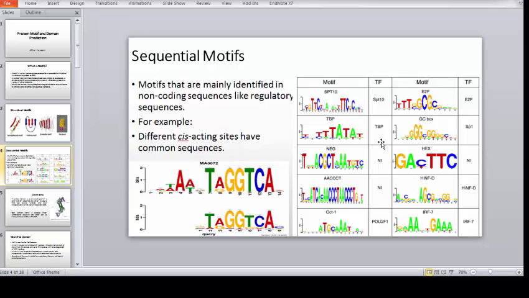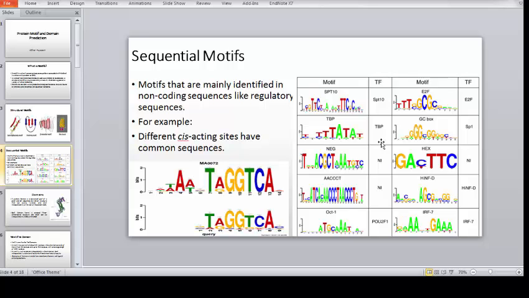So in this case, we can also find cis-acting sites in our promoter region. If we have a new promoter sequence, then we can search for the motifs.